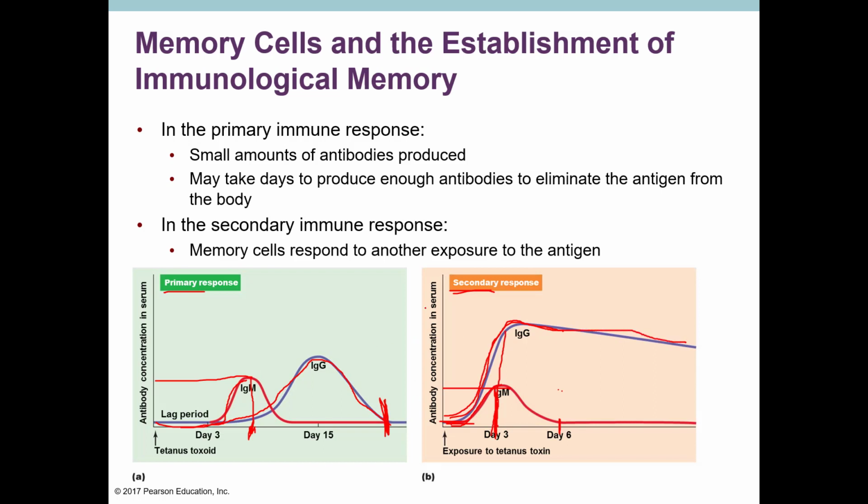So the secondary response is the much stronger response. That's why you want to vaccinate, because when you vaccinate, you allow somebody to go through this whole process without getting sick, so that when they really get exposed to the real virus or the real pathogen, they're going to react immediately and very strong.